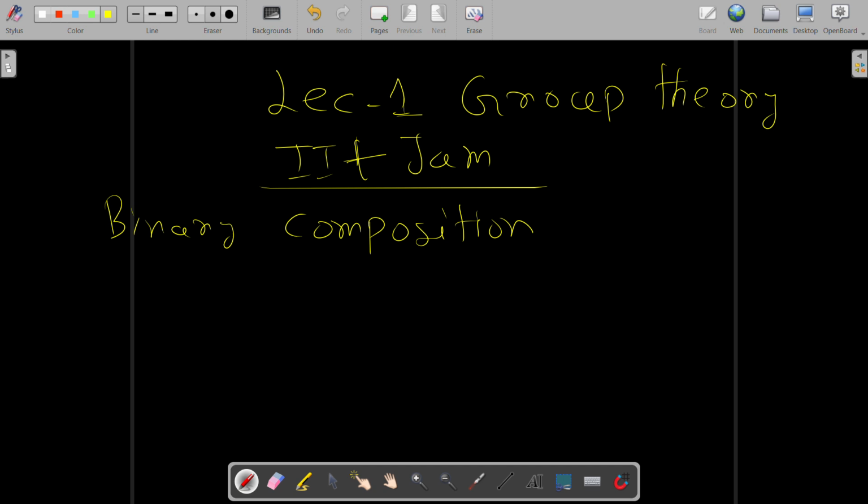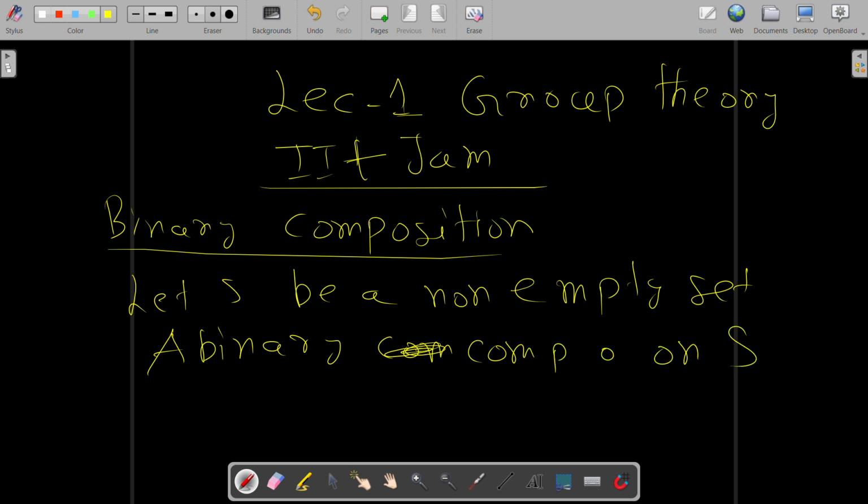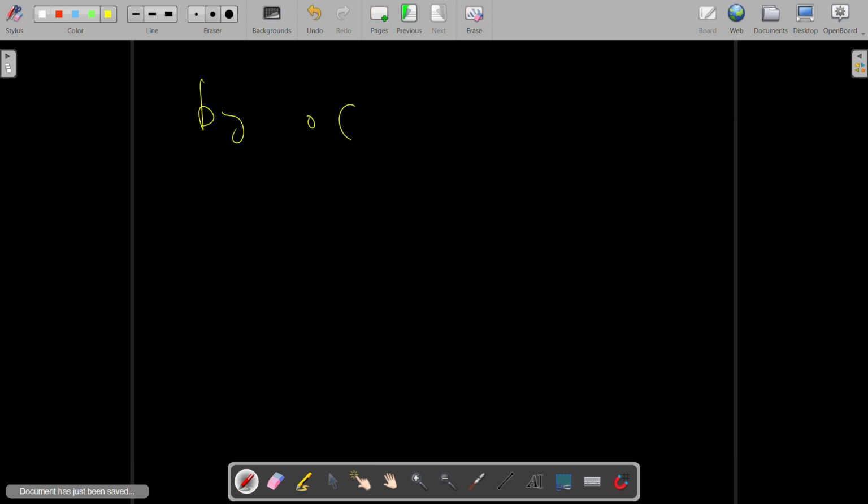So what is binary composition? Let S be a non-empty set. A binary composition or binary operation on S is nothing but a mapping from S cross S to S defined by ∘(a, b) = a ∘ b.